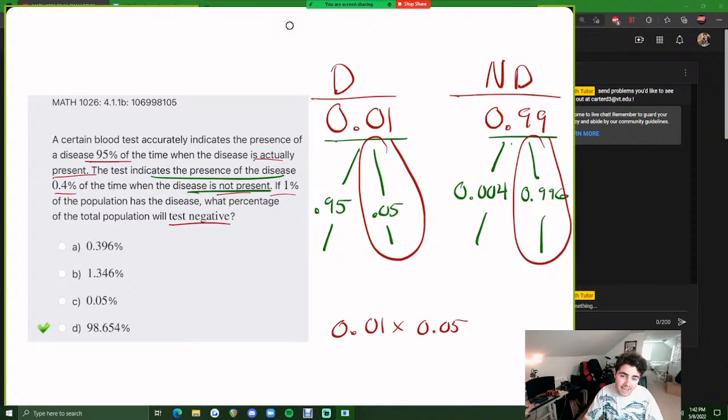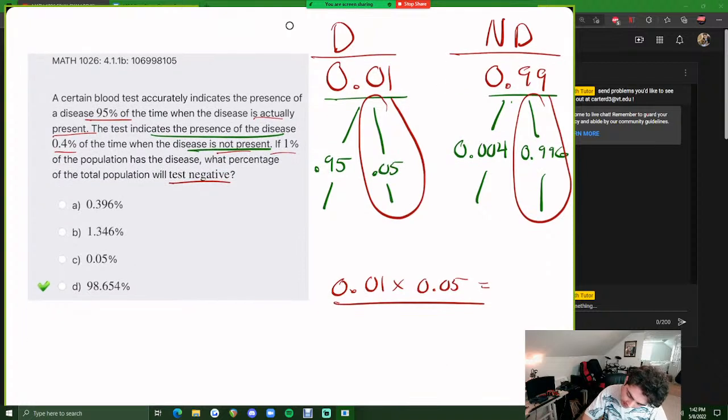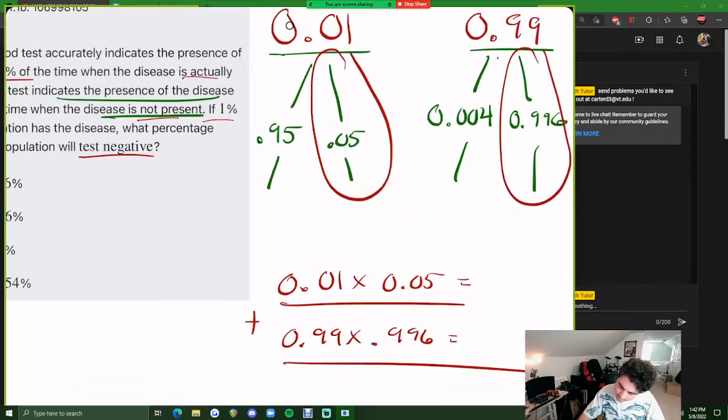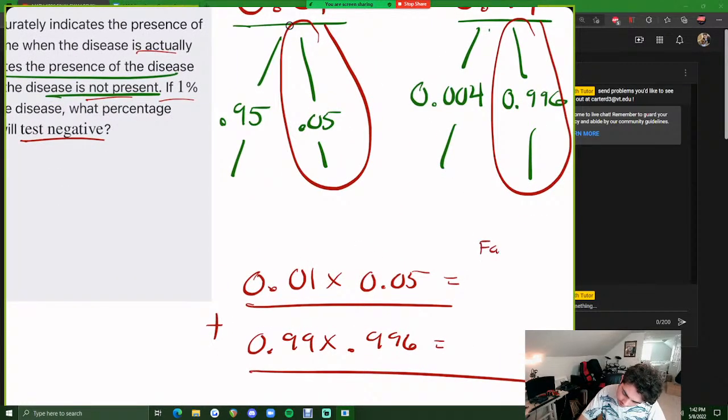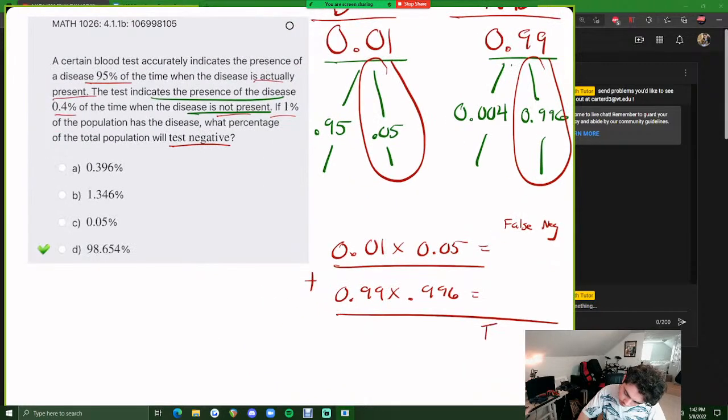So of the people that have the disease, this is the percentage that it says do not have the disease. And then we want to add that to the 0.99 times 0.996. And so this is the false negatives plus the true negatives. So let's go ahead and calculate that in Desmos real quick and get our answer.